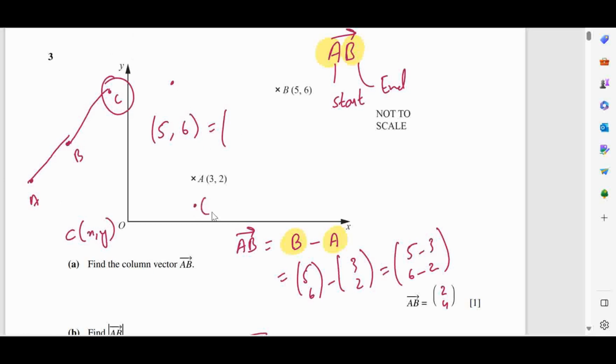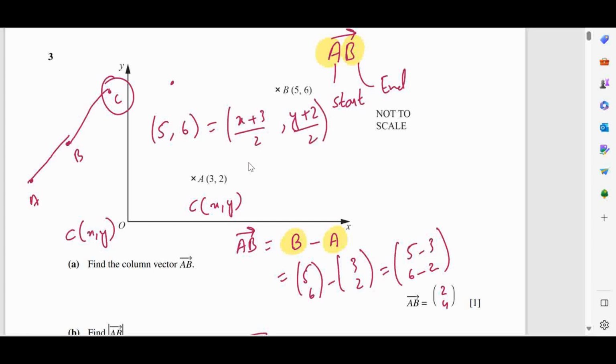So how can we find the coordinates of C? This will be X plus 3 whole divided by 2 and Y plus 2 whole divided by 2.